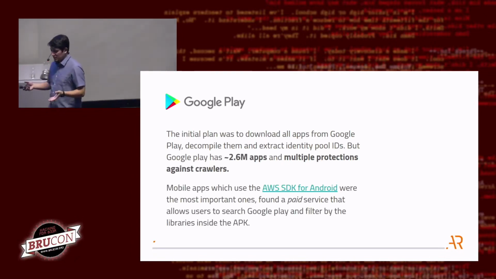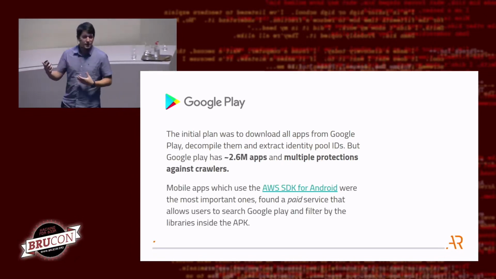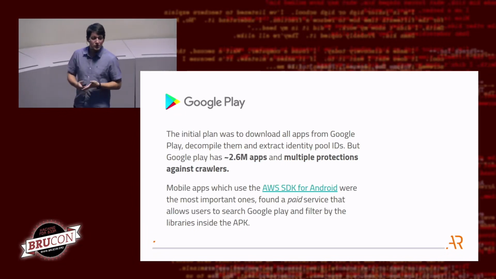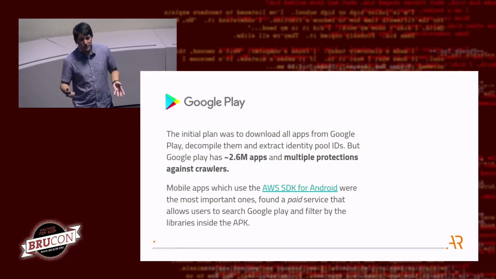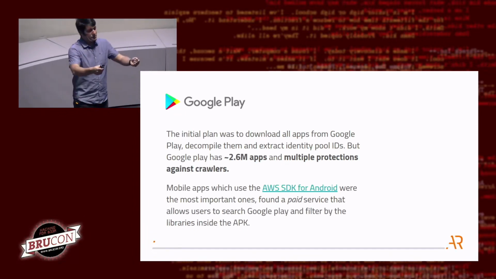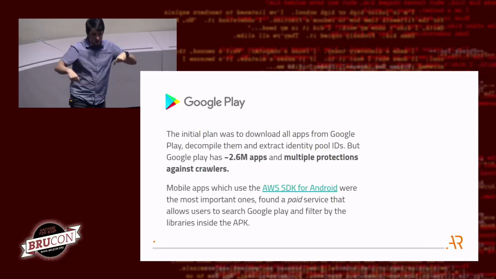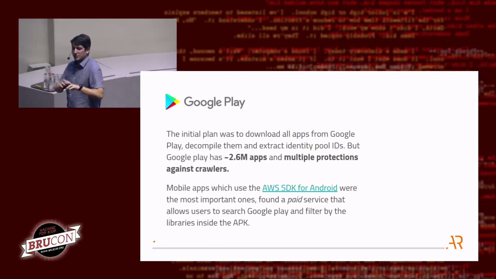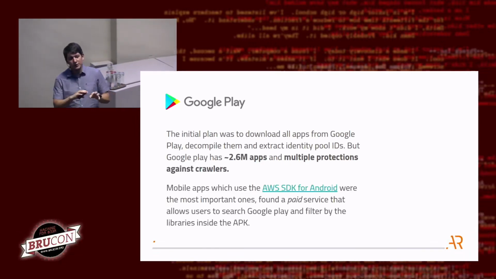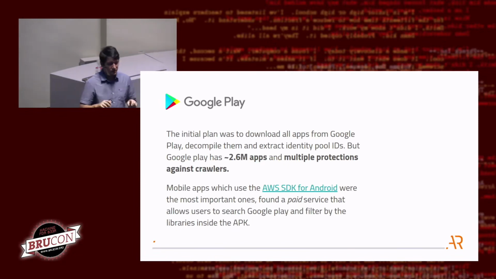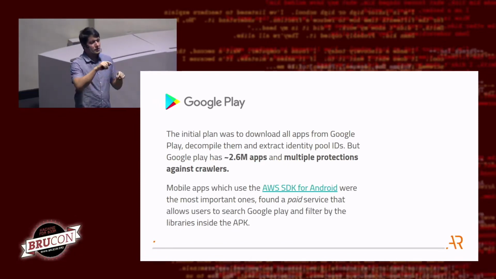So I found a paid service. That service gives you a search engine capability for the Play Store. You subscribe to the service, you pay a lot of money, and you have a search just like in Google, and you type something. One of the things that you can type is SDK contains AWS.